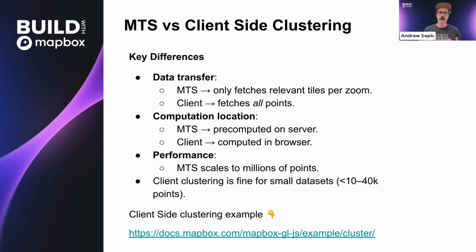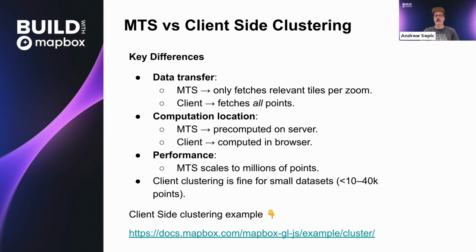So, for data transfer, you can see obviously one will be more efficient than the other. For where this is computed, MTS takes our data source, cuts it into tiles, computes it in the cloud, and stores those tiles for us to reference. And if we do that locally, our browser is basically doing all that computation of the clustering on our side.